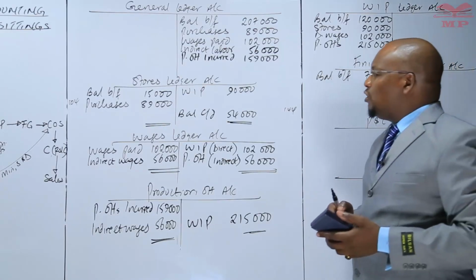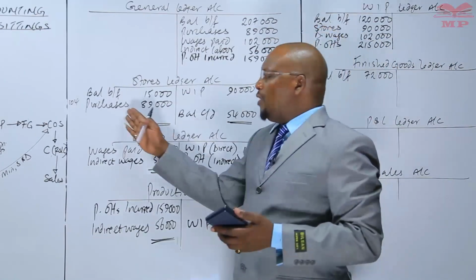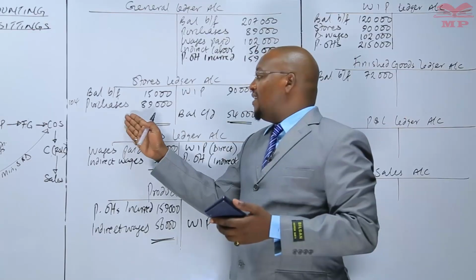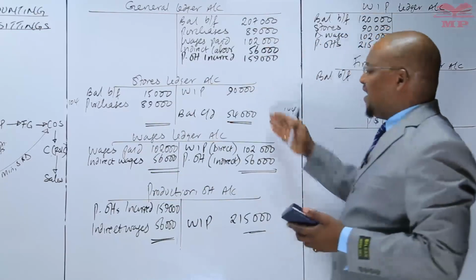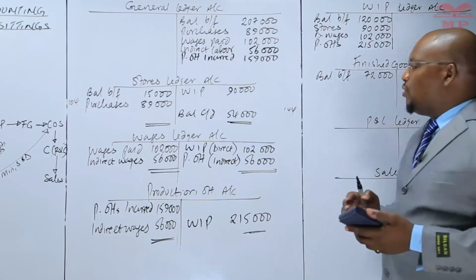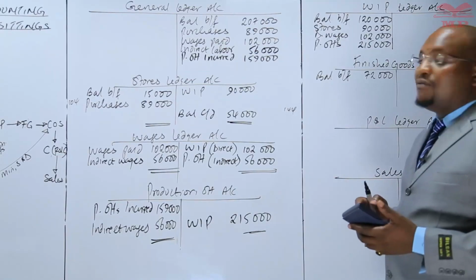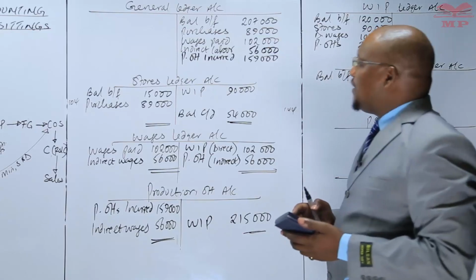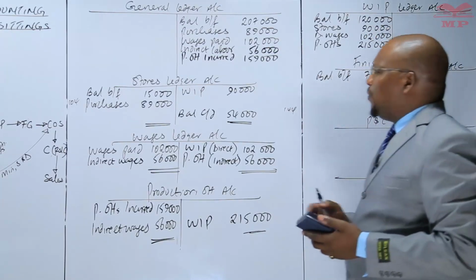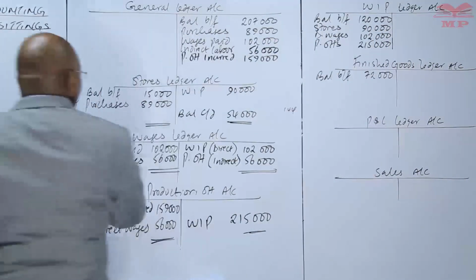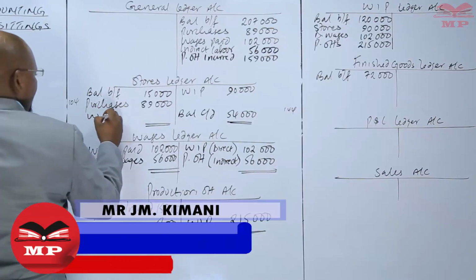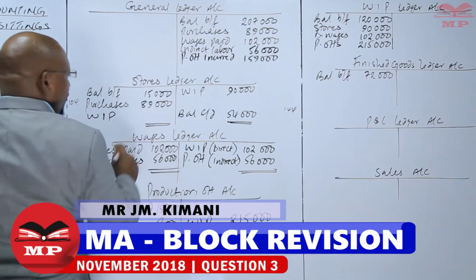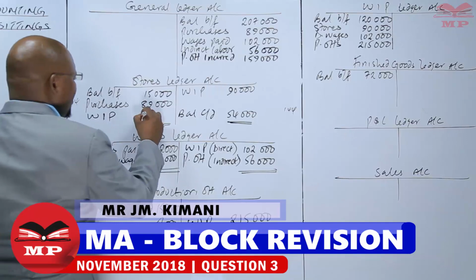Otherwise, there could not be any explanation why what you have at the beginning is lesser than what we are having at the end. If you are having a closing stock of 54, then unless we have the abnormal gain, which is not necessary here, you just need to transfer from the store. We can have it this way. You can have the WIP of the balance, which is actually 40.